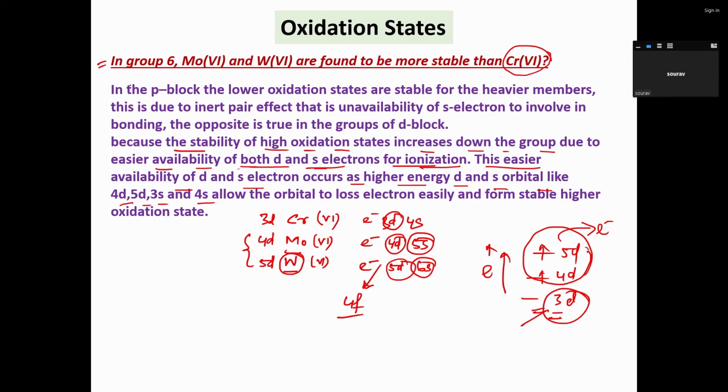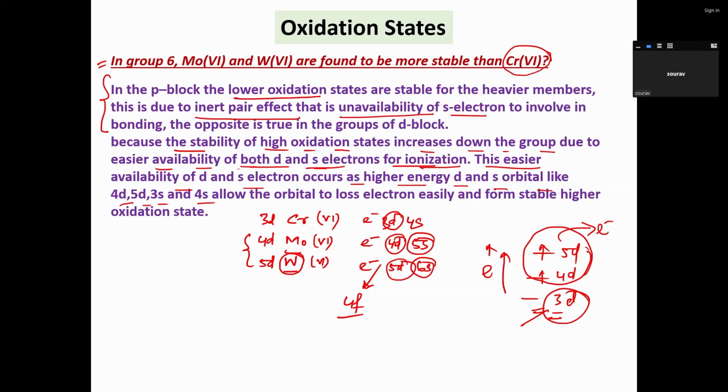It can also be compared with the p block elements. We know that p block elements are very stable in the lower oxidation state because of the inert pair effect. What is the inert pair effect? That is the unavailability of the s electrons.